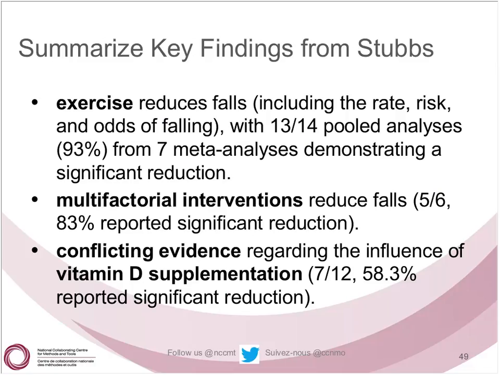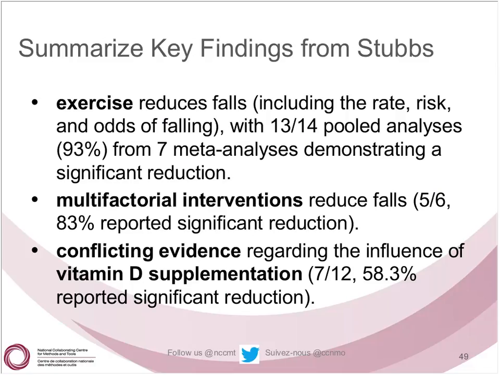Exercise reduces falls, and I've put the data in there because it's important to know not only how effective an intervention is, but also how strong the evidence is. Remember that continuum that we saw from the Centers for Disease Control and Prevention. So we want to know what the effectiveness is. Exercise is effective, and how strong is that evidence? In this case, pretty effective.